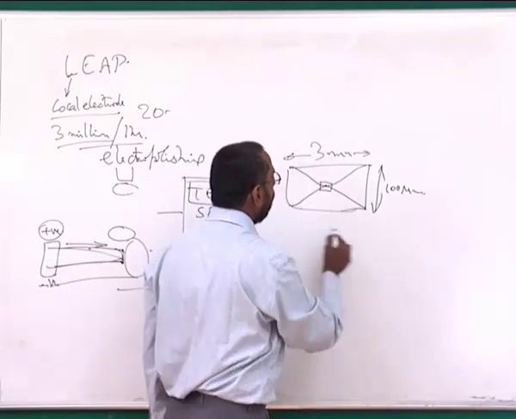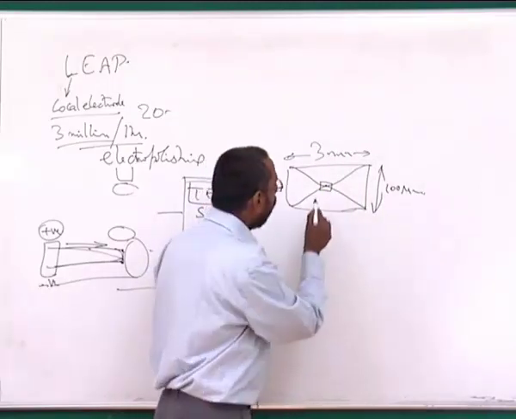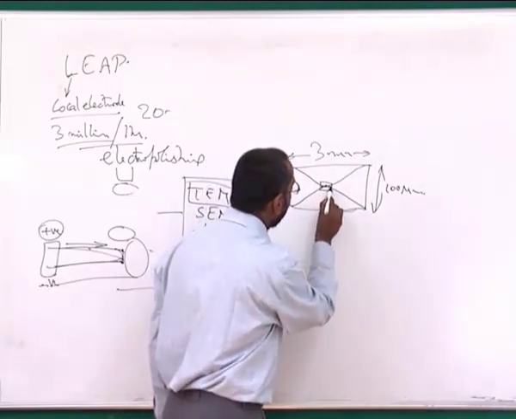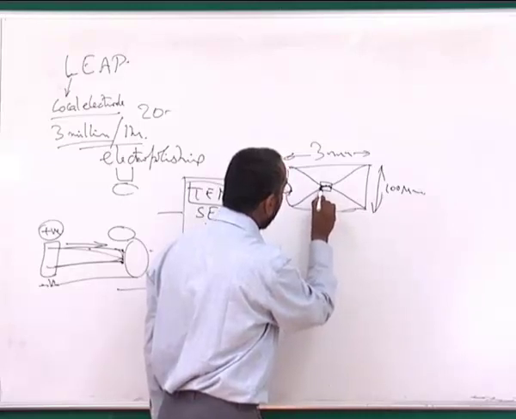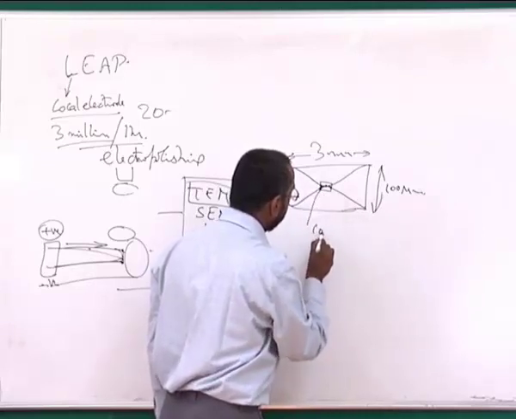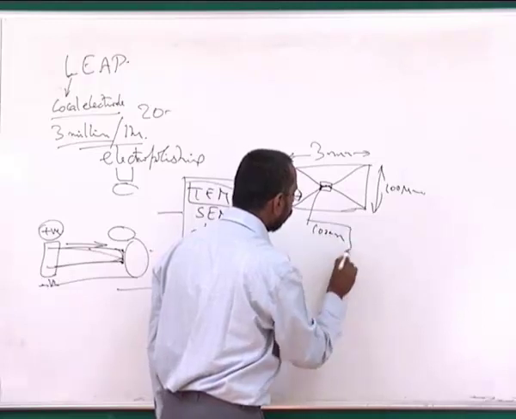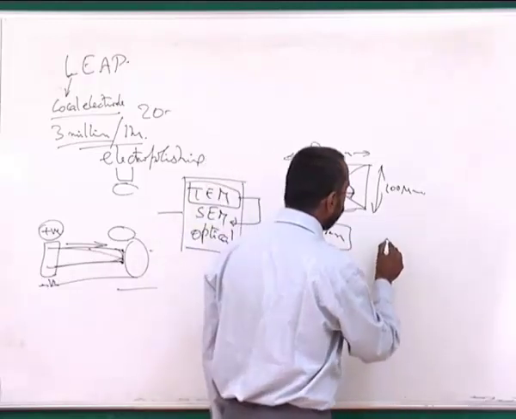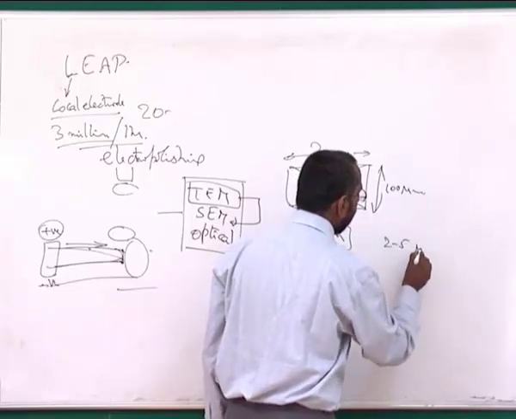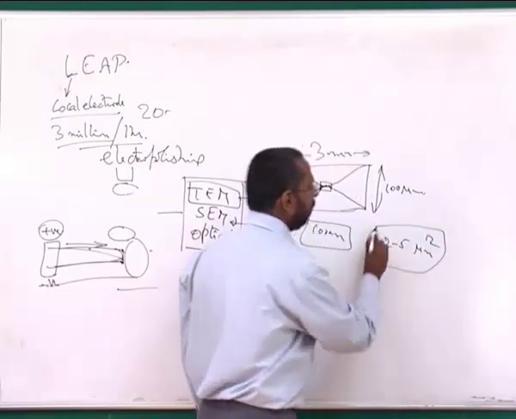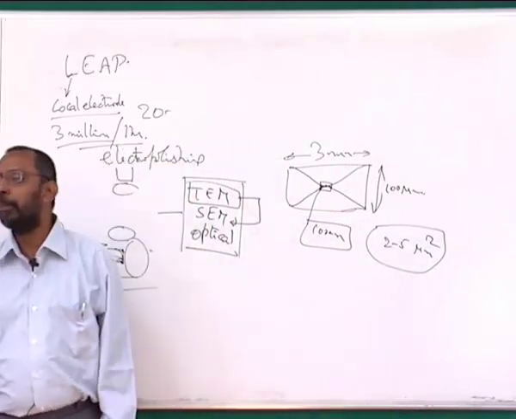So though my actual sample is 3 millimeter, what I am seeing is a small region around this hole where the tapering is such that the thickness of the sample is approximately 100 nanometers. So what I am actually confining myself to is a maximum of around 2 to 5 micron square kind of region. I am not seeing anything bigger than that.